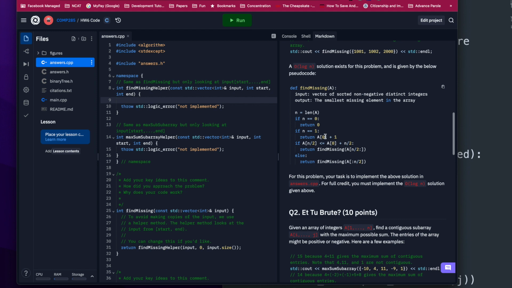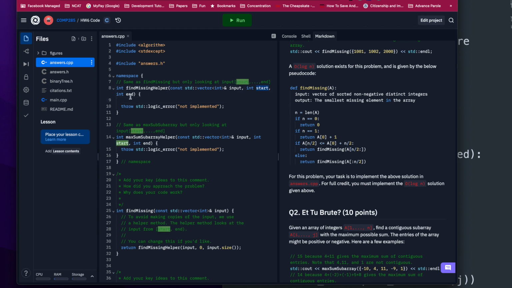Then the other thing to keep in mind as well is whenever I do A0 here, right? This find missing is assuming that when you call recursively, you're actually breaking down the array into a smaller subarray, right? And in C++, that's not what we're doing.